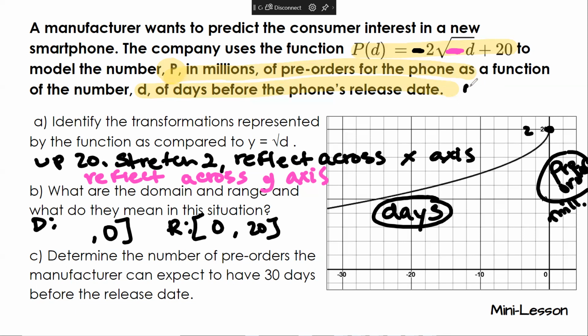Okay, so I want you to take 0 equals -2, the square root of -d, plus 20. I want you to write that on your paper. So now what we're going to do is we're going to solve this equation. So we're going to first subtract 20.